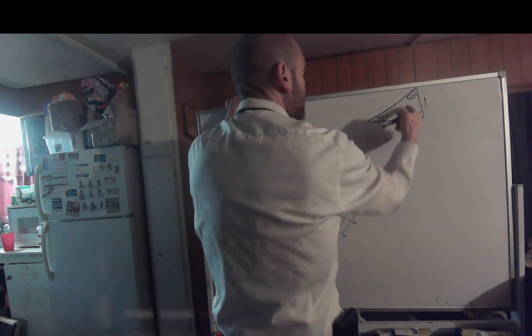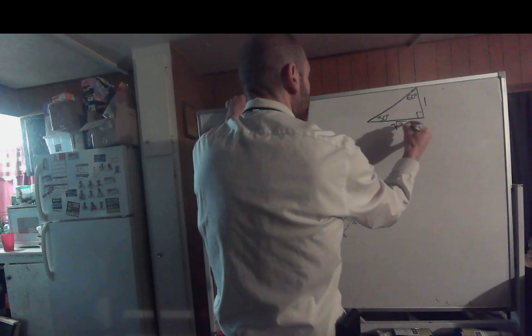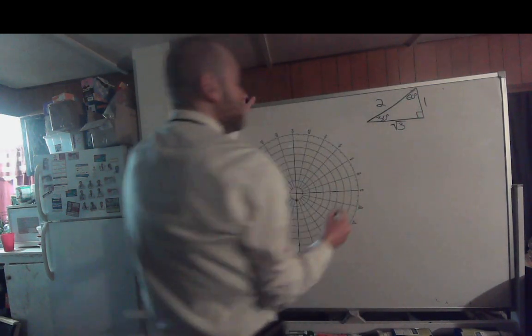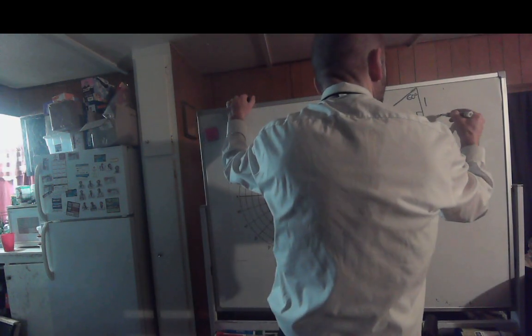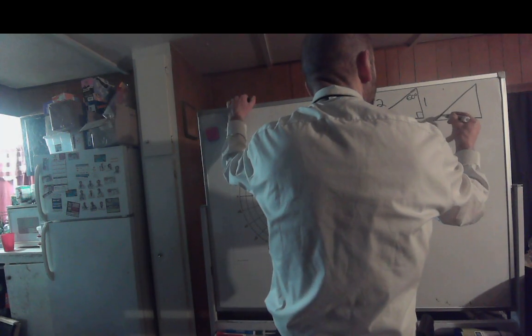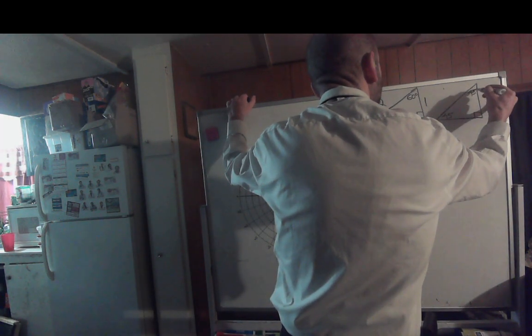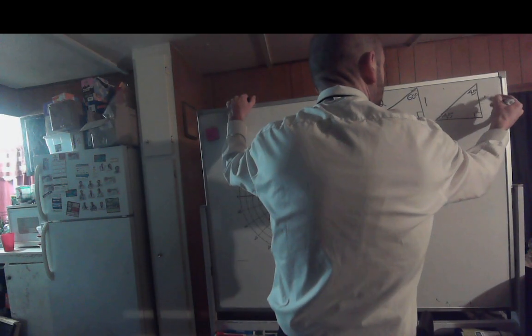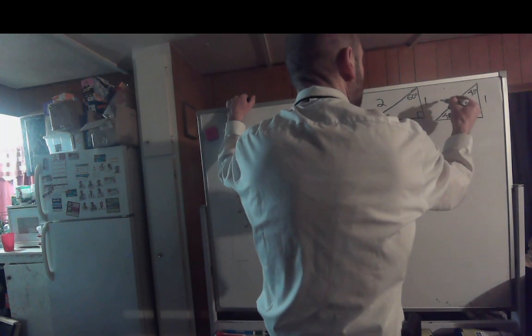We know the side opposite 30 is 1, the side opposite 60 is the square root of 3, and the hypotenuse is 2. Next to it, we're going to draw a 45, 45, 90 right triangle. Both sides opposite the 45 have a length of 1, the hypotenuse has a length of the square root of 2.